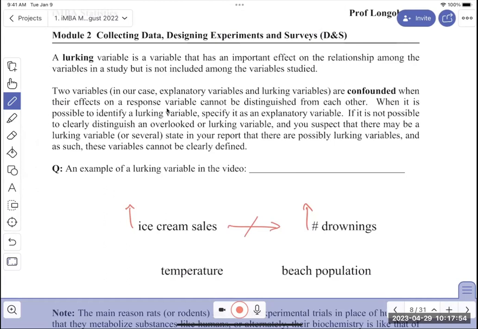However, this is telling us something that shouldn't be ignored, right? What is it telling us? Now think of it from a managerial perspective. If you were the director of the beach, I'm not sure what titles you would have, but somebody's in charge of the beach, right?